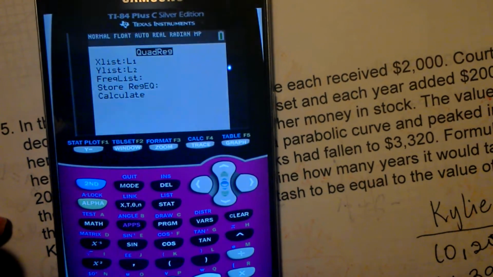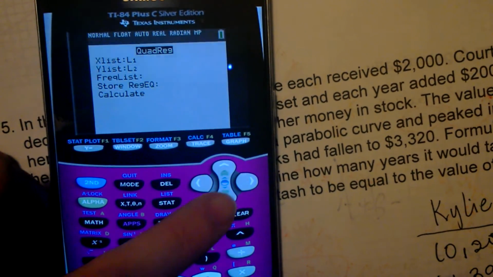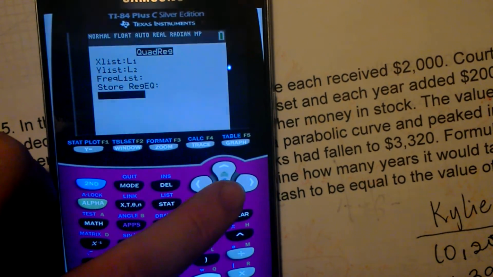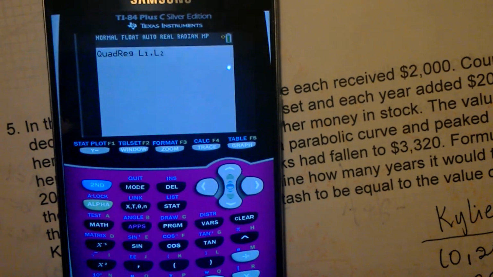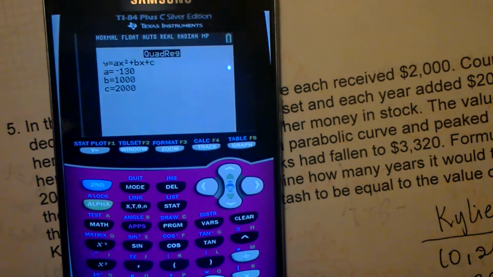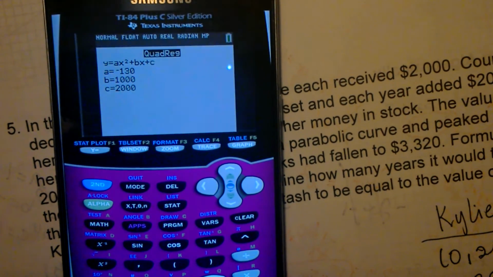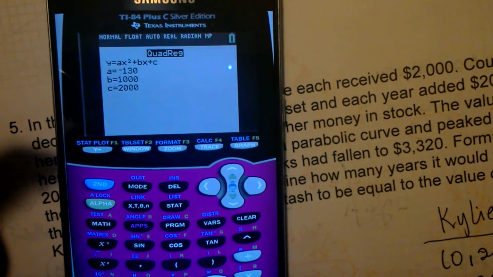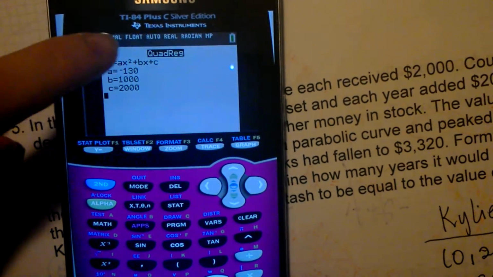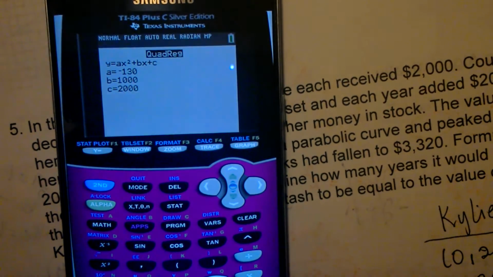So yes, I put my x's in L1, my y's in L2. So go down, calculate, and it tells me my a, b, and c. It tells me that my equation is in the form of y equals ax squared plus bx plus c. So I take my a, my b, my c, and just place it where it tells me to.